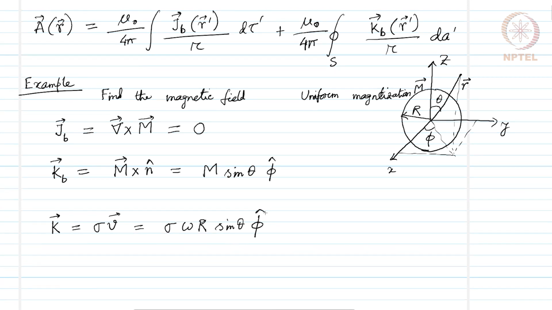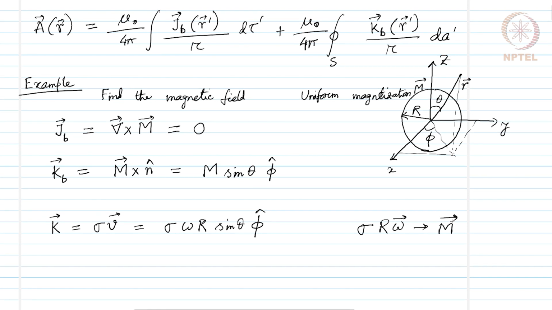So we find that the field that we have due to this magnetized sphere is identical to the field of a spinning spherical shell. That means sigma R omega vector corresponds to the magnetization in this kind of a sphere.